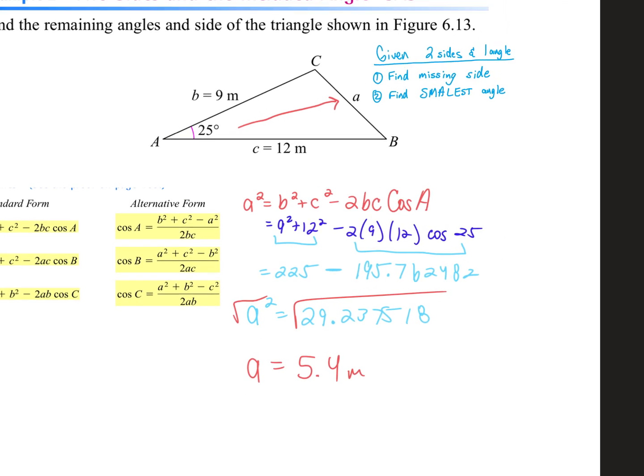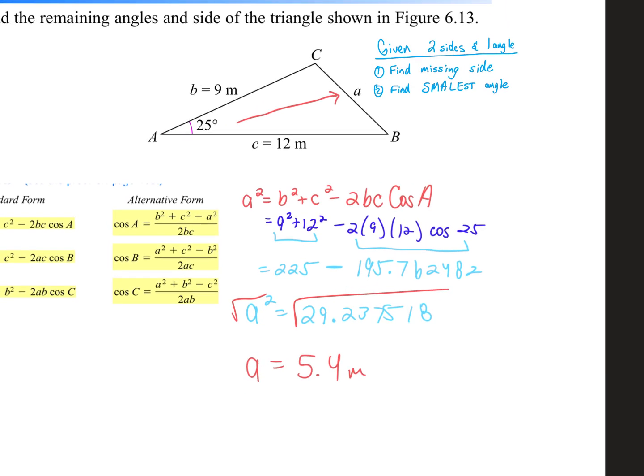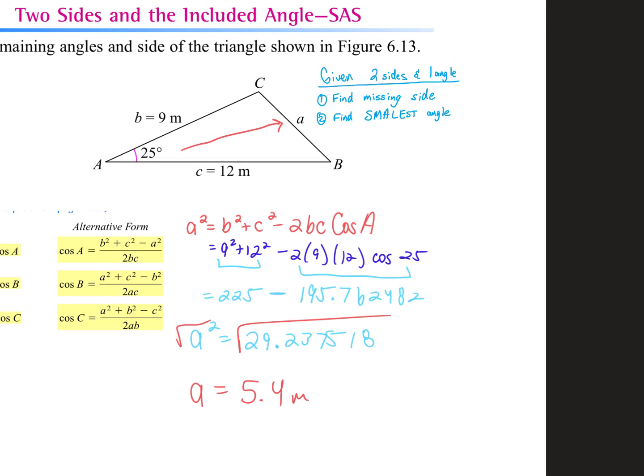All right, since 25 degrees is A and 5.4 is side A, what's the smallest angle in this triangle? A, right? So according to what it says to do, let's find the next smallest. We're going to go in order here. So what would be the next one to find?